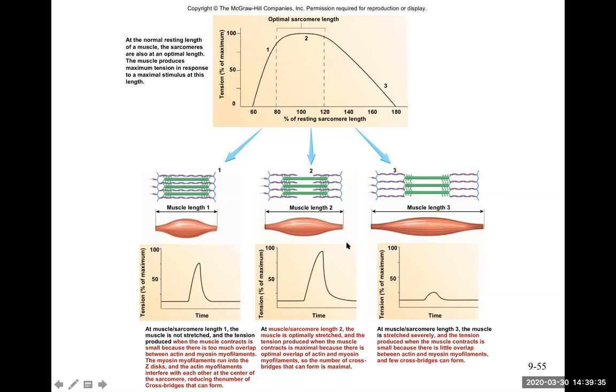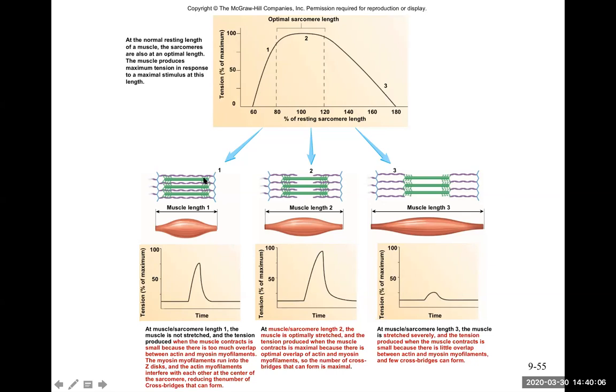Again, we want optimal length right here. The optimal length means we have lots of room for the actin to move medially, and all the myosin and actins can interact with each other. That's perfect. As we contract the muscle more and more, we become more crumpled, or the muscles become shorter.